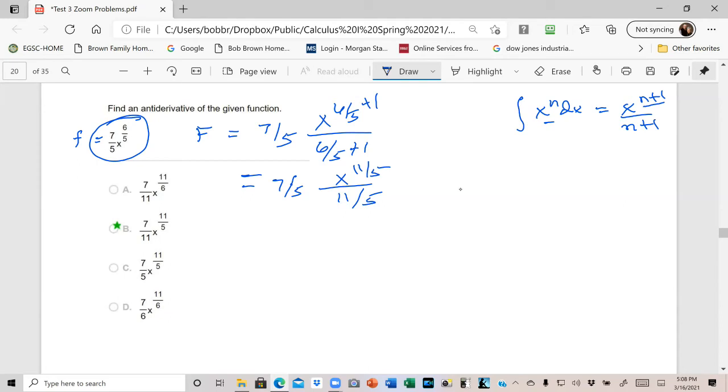And you can see that that's equal to 7 divided by 11 times x to the 11/5. That's answer B.